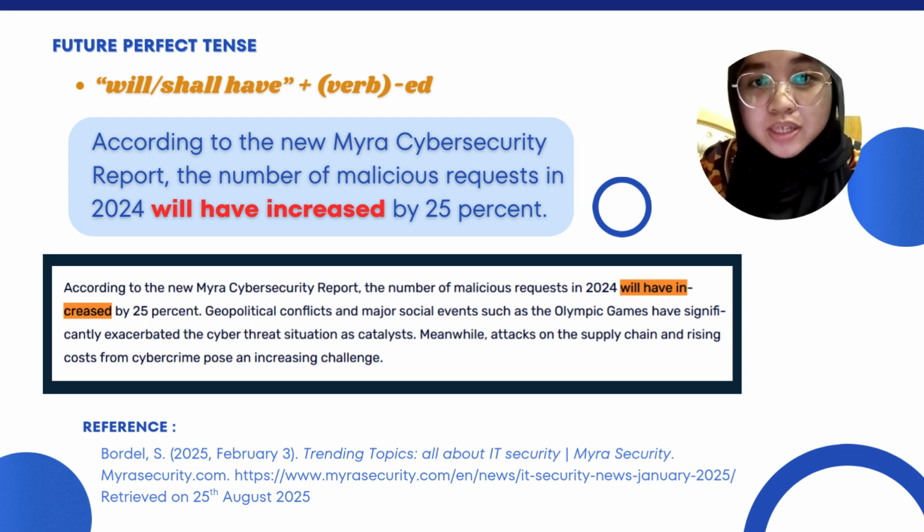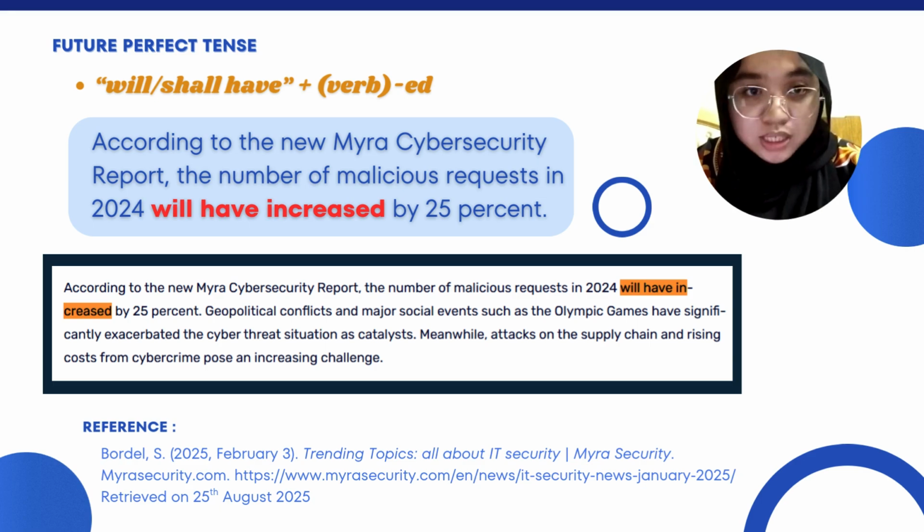According to the new Myra cybersecurity report, the number of malicious requests in 2024 will have increased by 25%. So in this sentence, we can see that there are the words will, have, followed by a verb in a past participle form, which is increased. So in this sentence, the first action is the increase in malicious requests.